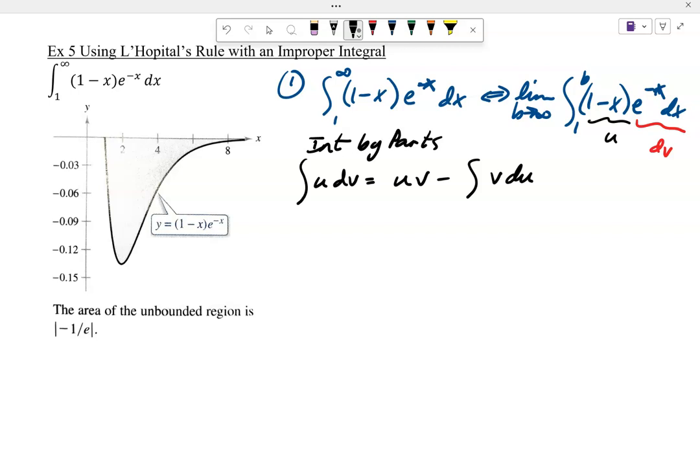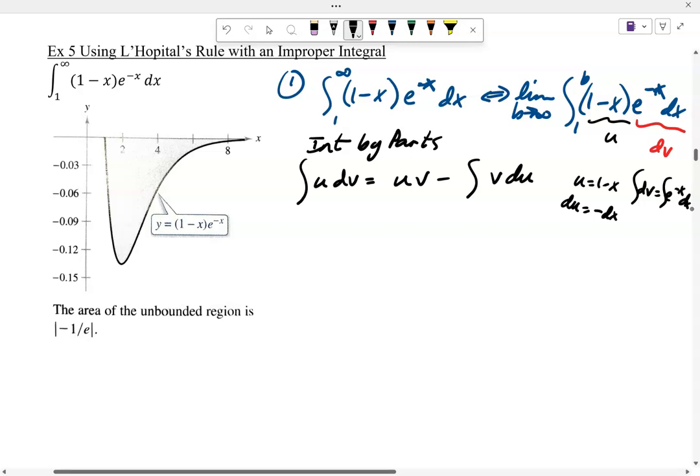And here we've got u being 1 minus x, dv being e to the negative x dx. And so du ends up being a negative dx. I go ahead and integrate this, letting u be negative x, and so v ends up being negative e to the negative x.